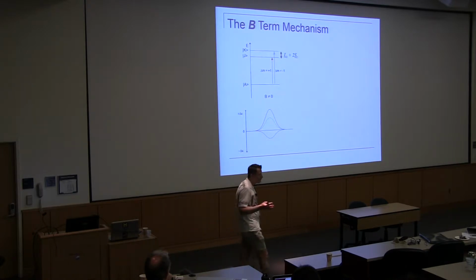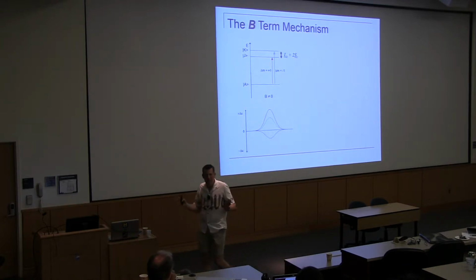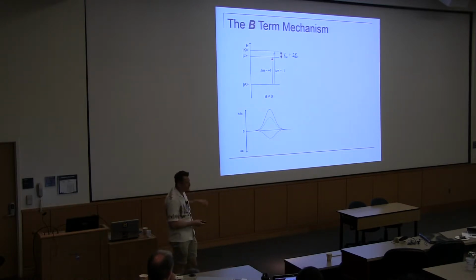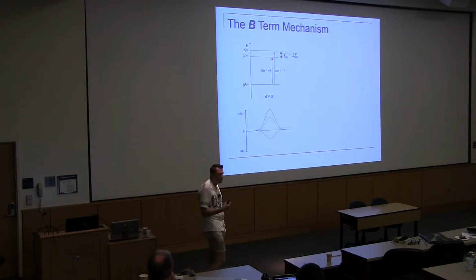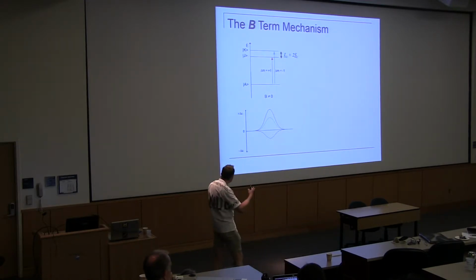In the A term, it's a degenerate state, so the electric dipole matrix element or transition probability is the same for both of them, but now these are different states. They have different extinction coefficients, if you want to say it like this, and that means they no longer cancel. Let's say one is bigger, one is smaller, and if you take the difference, now you end up with an absorption band shape, no longer a derivative band shape for this B term, generally speaking.